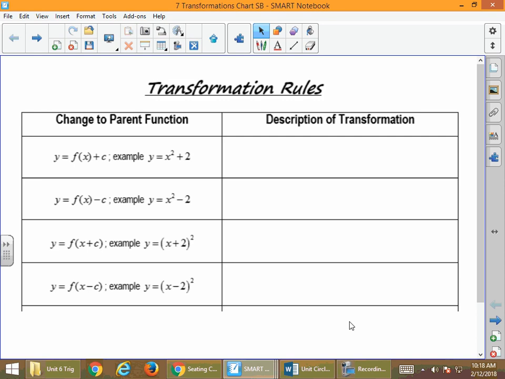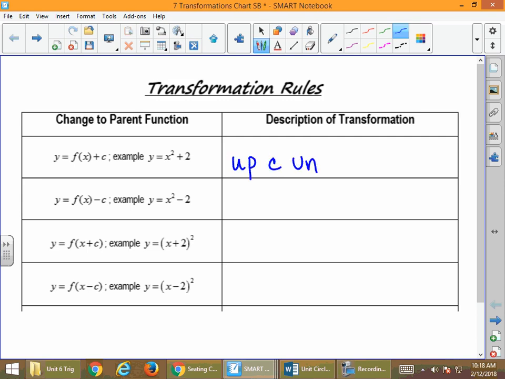For this function, f of x plus c moves our graph up c units. And something that you may want to add, maybe not today, is that the plus c is outside of the function.